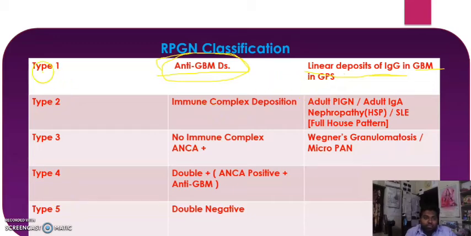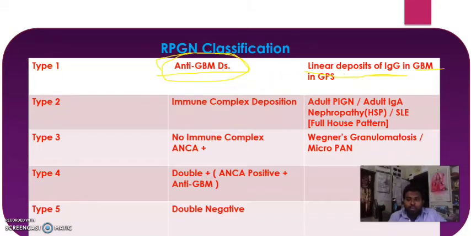Type 2 is immune complex deposition. In type 1, these anti-GBM antibodies are targeted against the non-collagenous domain, called the NC1 domain, of the alpha 3 chain of type 4 collagen.